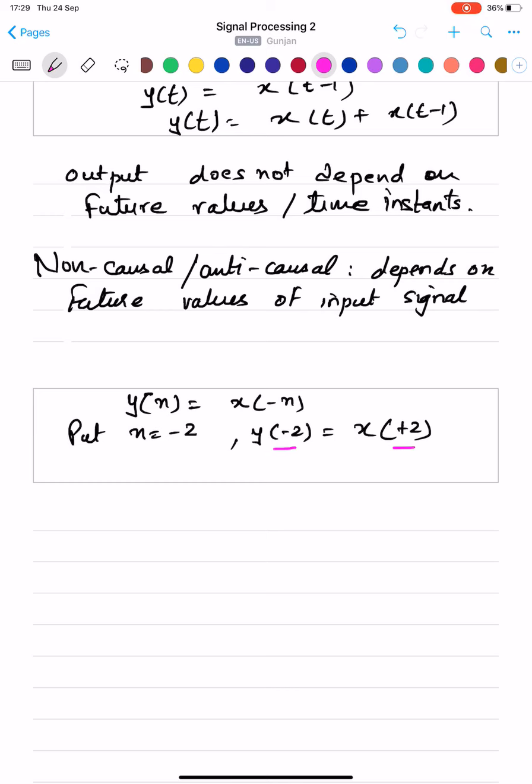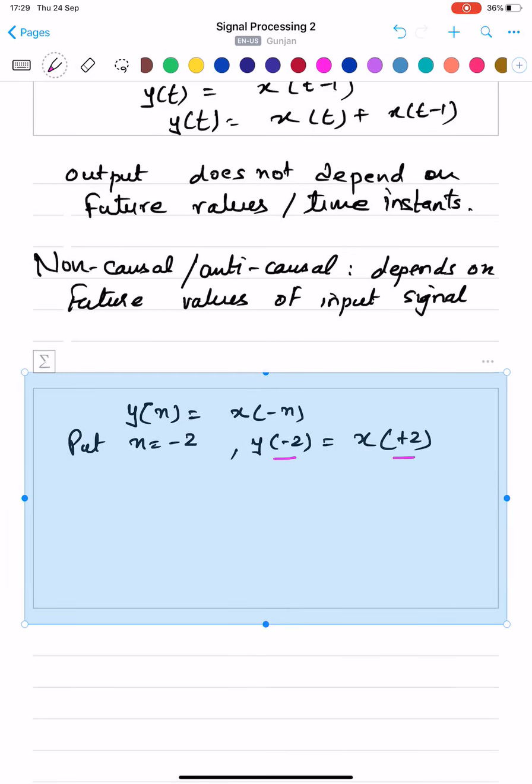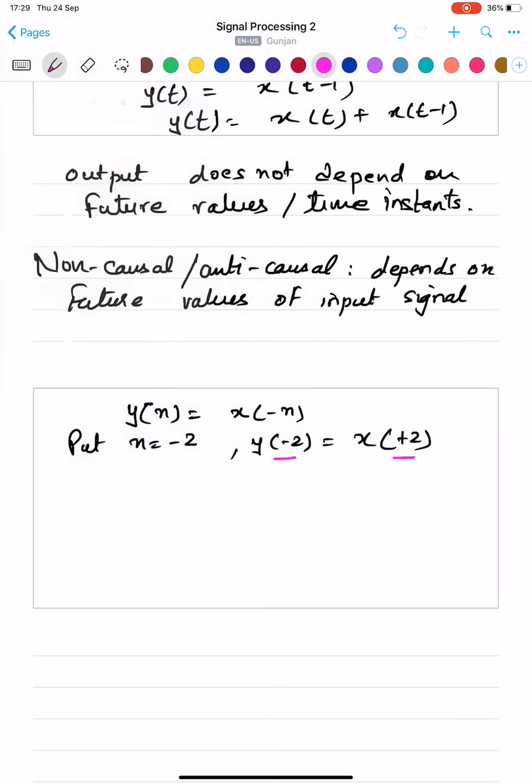So with respect to time, t equals minus 2 is past, or in this case it's present, and the present depends upon future value. In the same question, if I put n equals 2, then y of 2 is equal to x of minus 2.